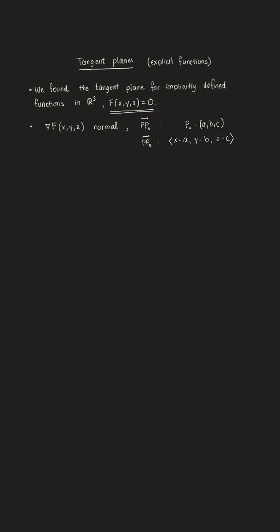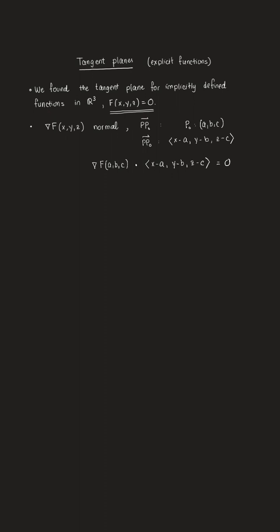And so the way we set up the equation of the plane was by taking our gradient at the point a, b, c and finding the dot product with the vector x minus a, y minus b, z minus c, and since the gradient is normal to the plane, this dot product must be equal to 0, and that generated the equation of the plane.